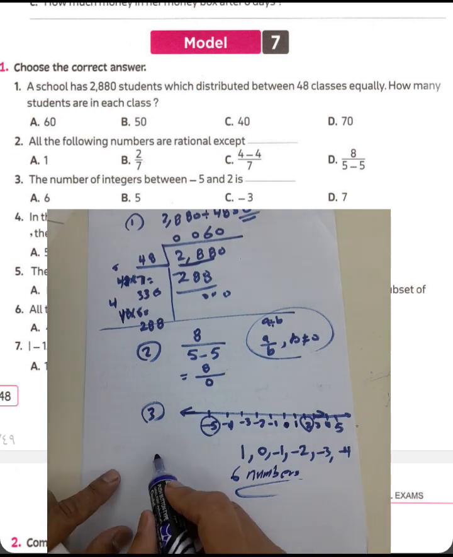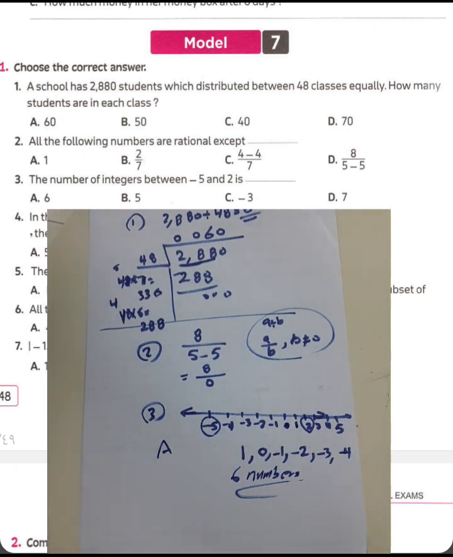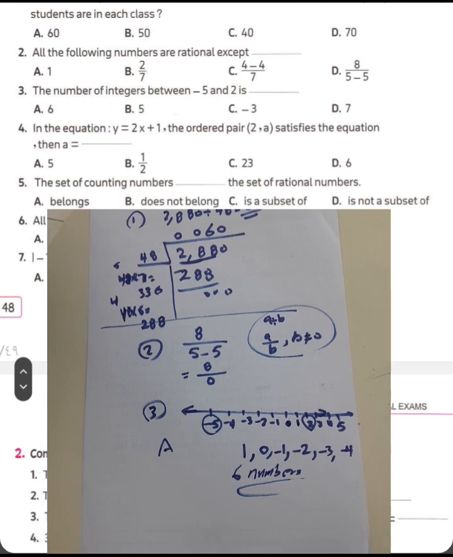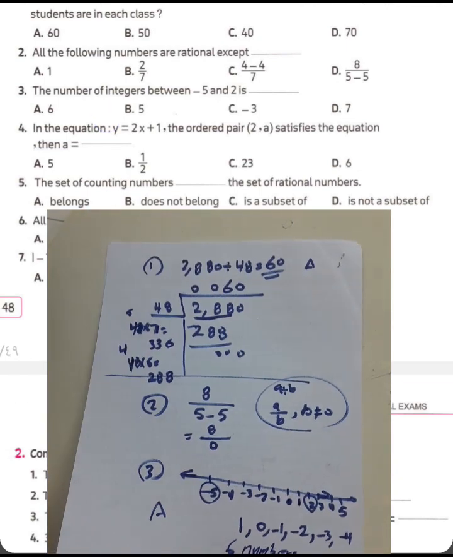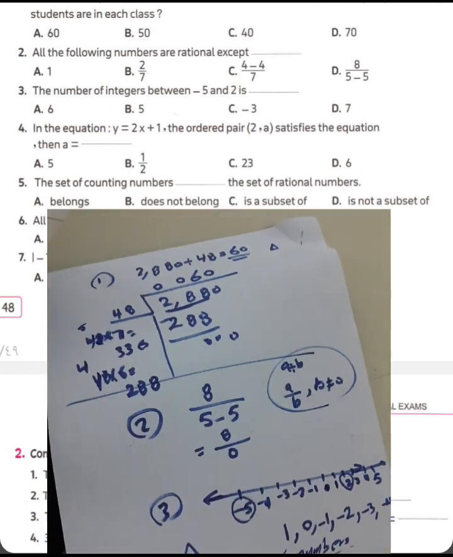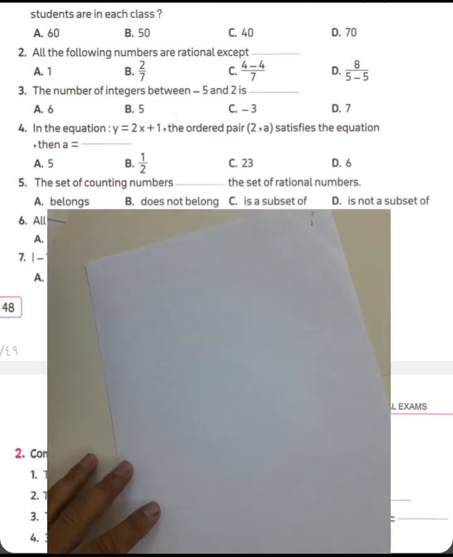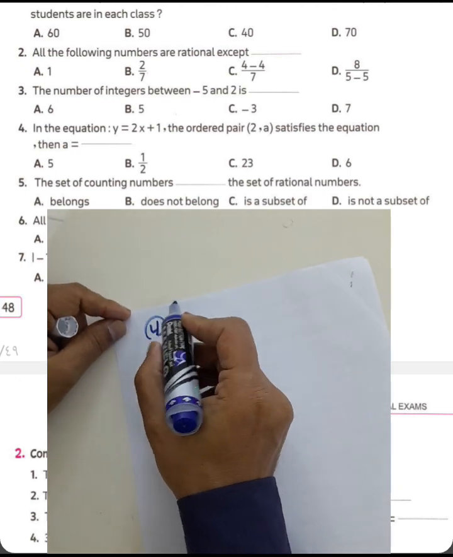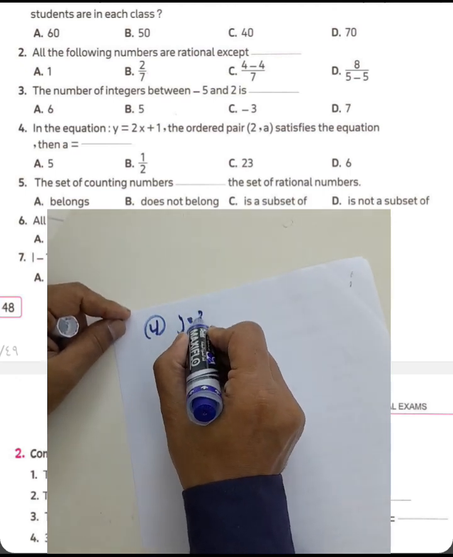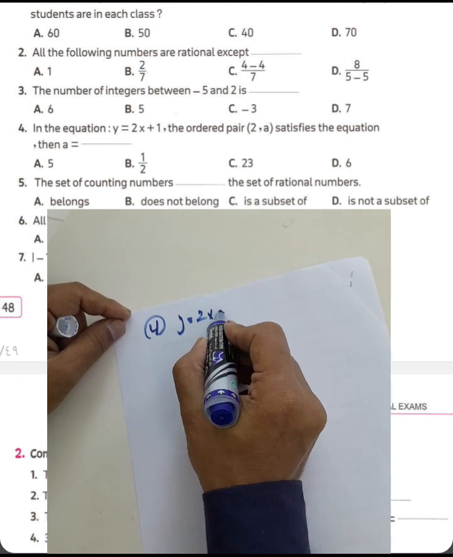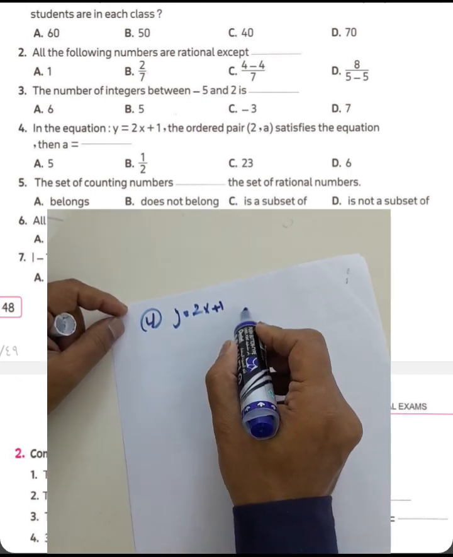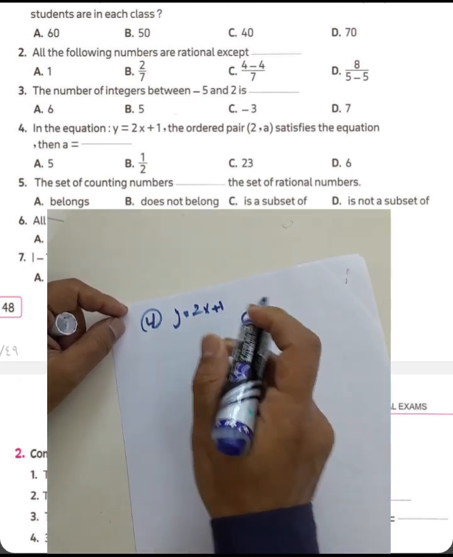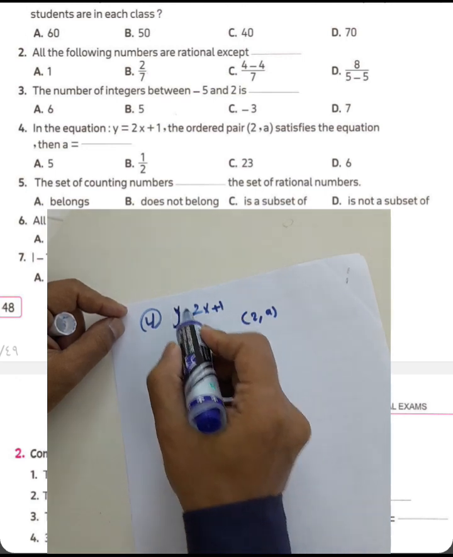Choose letter E. Number 4. In the equation y equals x plus 1, the ordered pair 2 and A satisfies the equation, then A equals what? We have y equal to x plus 1, and the point 2 and A satisfies this equation.